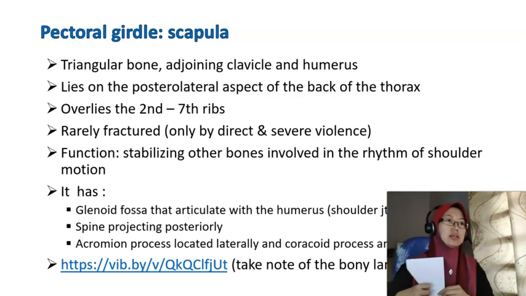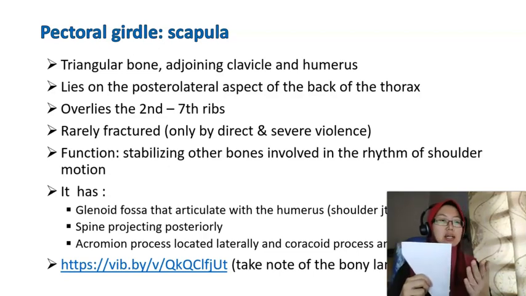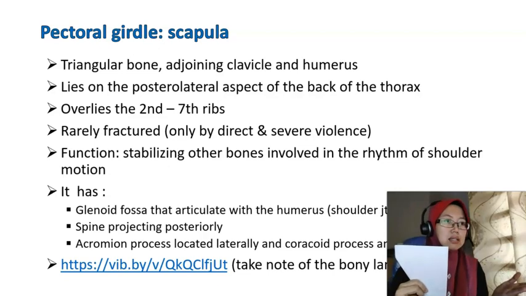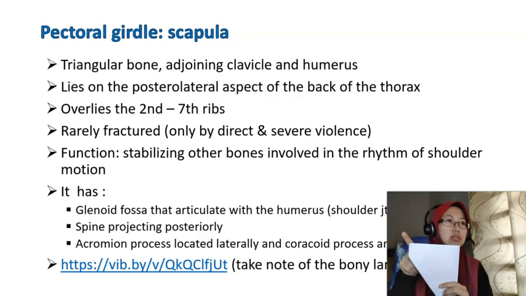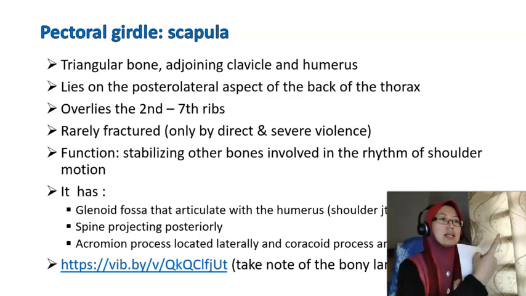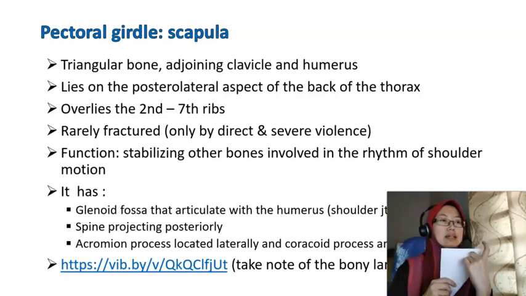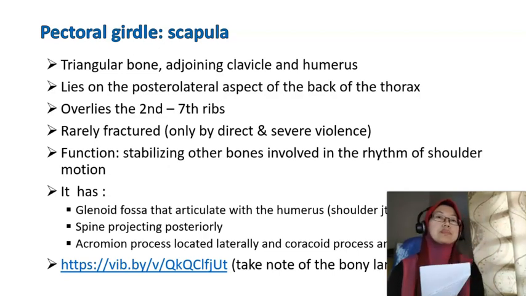You can differentiate scapula easily because the coracoid is anterior, the acromion posterior and lateral, and it has the scapular spine, with the acromion here.